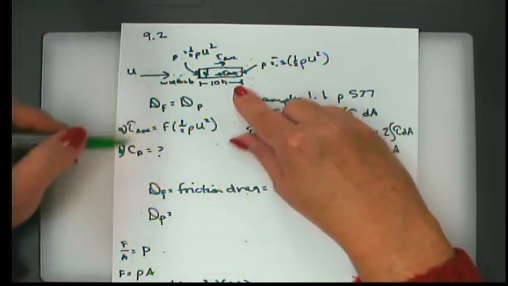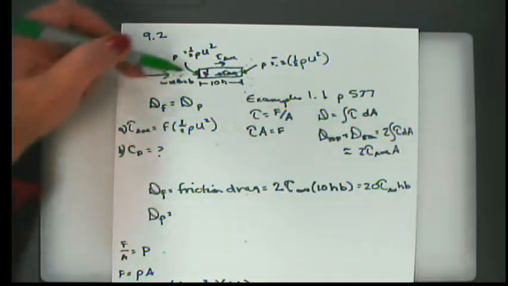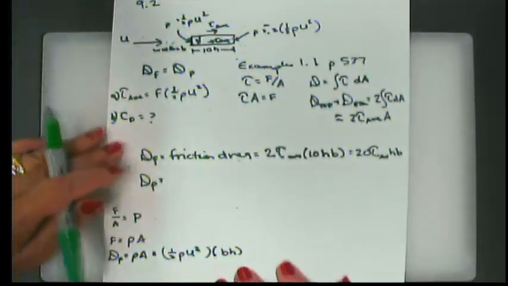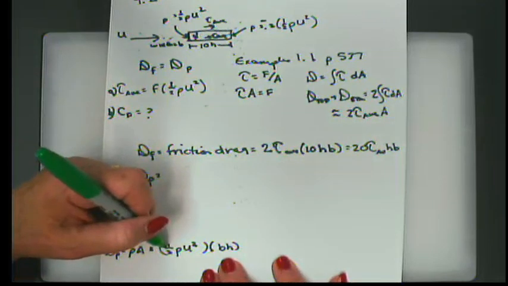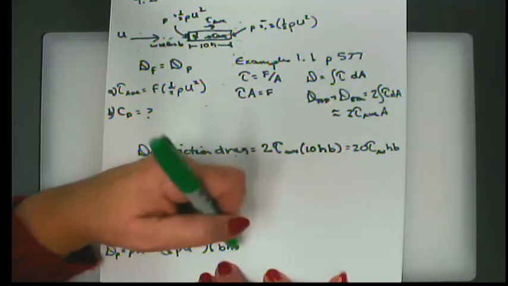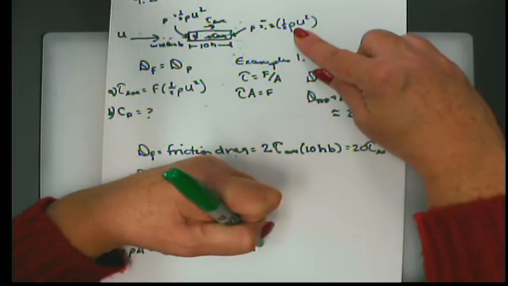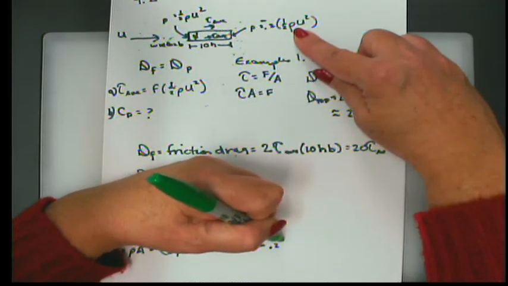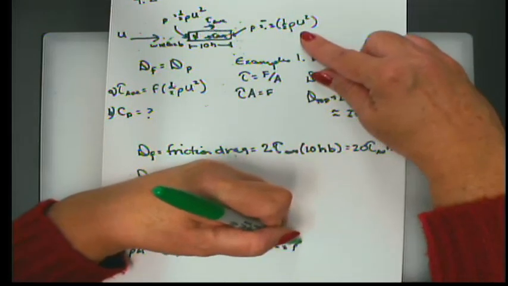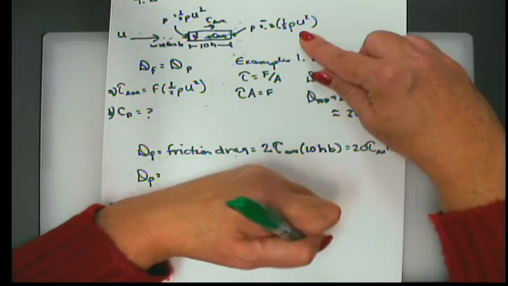It's not along the side; the friction drag is b times the 10h, but here we're just looking at that straight-on leading edge. So we have 1/2 rho u squared times bh on the leading edge. Subtract from that what's going on the trailing edge, minus 0.2 times 1/2 times rho u squared, once again times the bh.